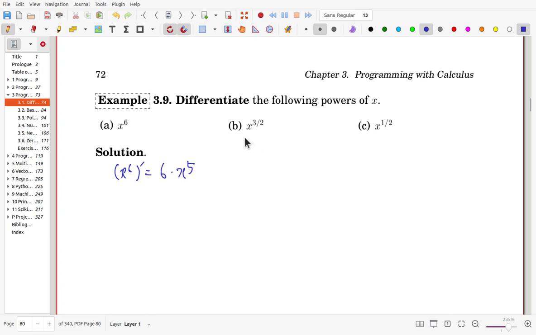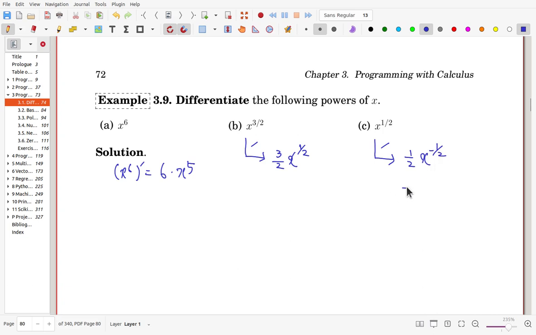For that one, if we apply the derivative, the derivative of that one will be 3 over 2 will go out, and then x, and this power minus 1, which means 1 over 2. For this one, now if we try to get the derivative, then half will go out, and then x to the half minus 1, so minus 1 over 2.